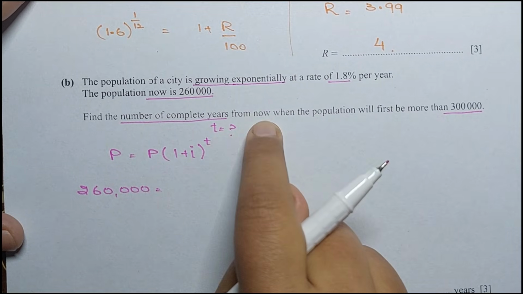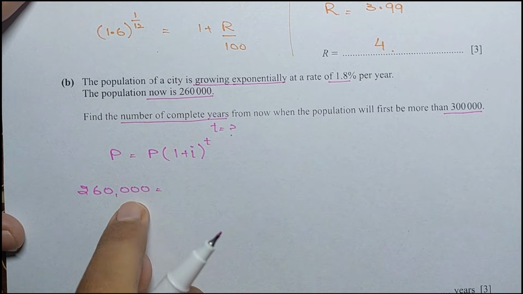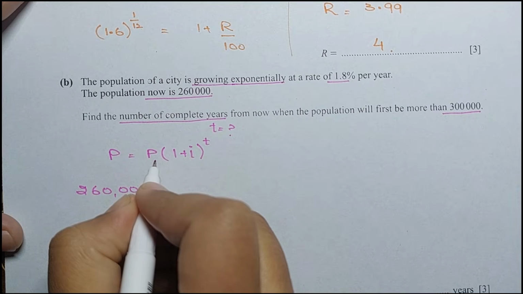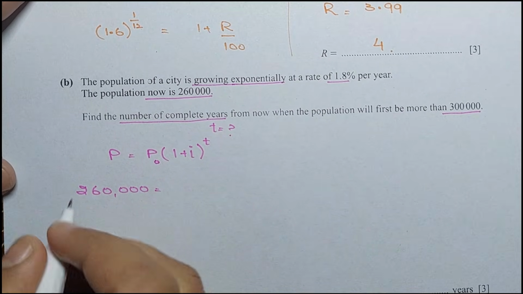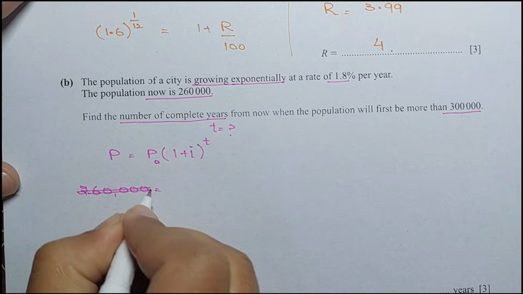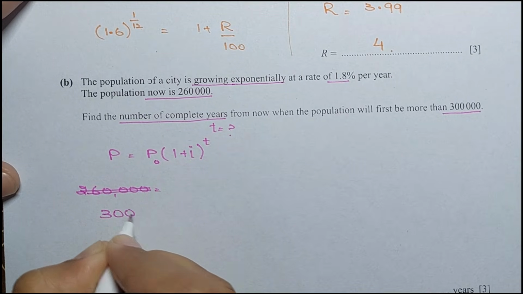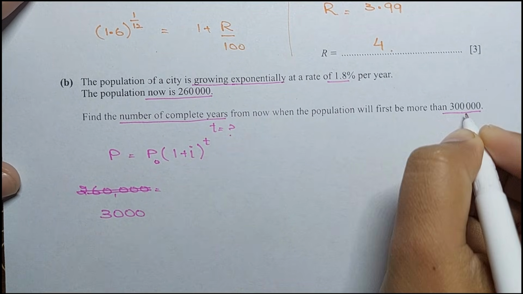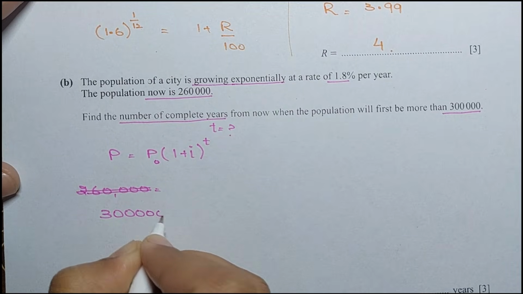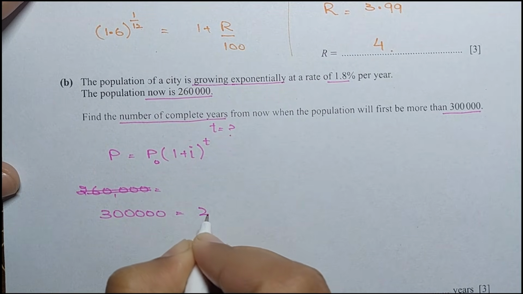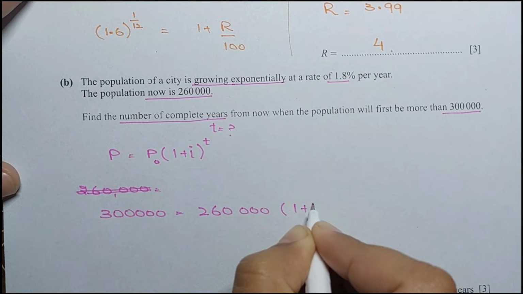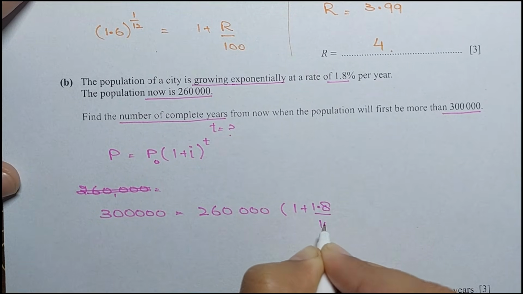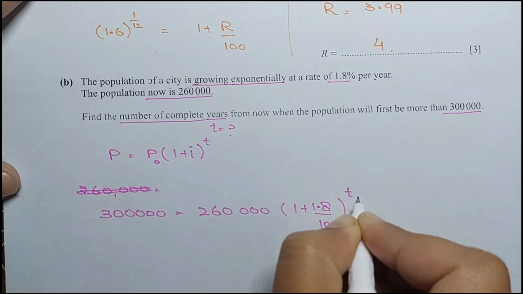Solve for T from now, so P equals P naught, sorry, I messed up. This P is the population 300,000, and the initial is 260,000. 1 plus the interest rate is 1.8%, and we have to solve for T.